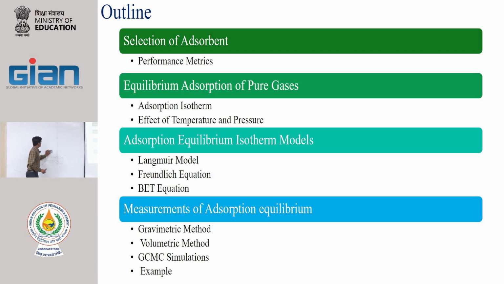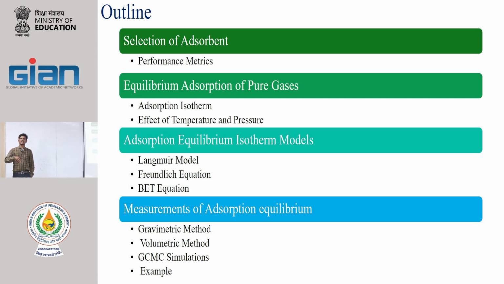Go through is we talk about the models. So first we talk about the performance metrics, like what are the performance metrics for the adsorbent materials, and why pure gases we need it, because usually in industrial scale we never see pure gases. Why we need pure gas adsorption isotherms?